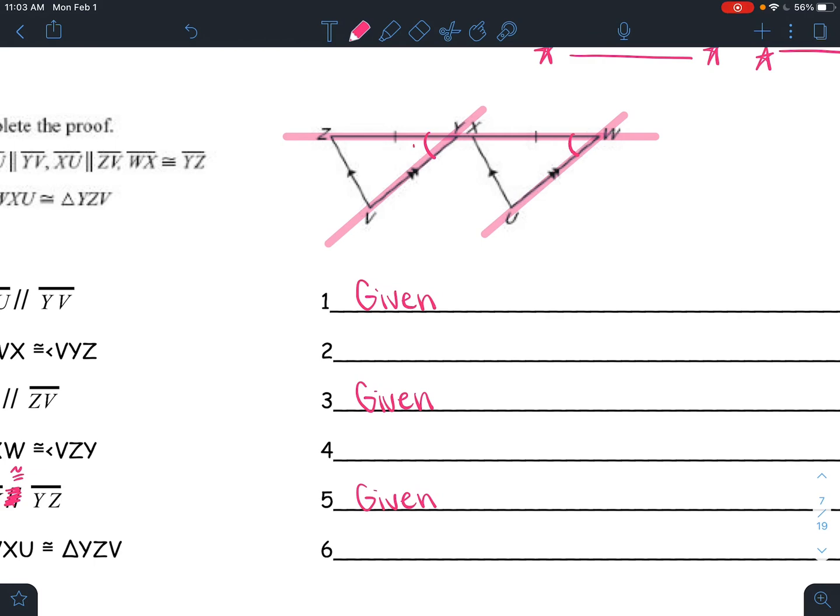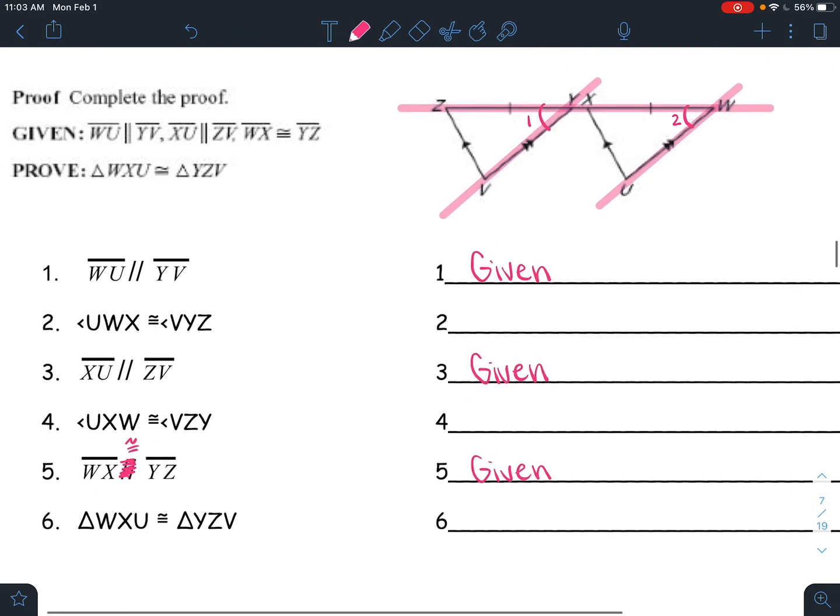And I'm actually going to number those angle 1 and angle 2. So let's see. In our statements here, UWX, so that's what we have listed as angle 2, and angle 1 are congruent because if my lines are parallel, then my corresponding angles are congruent.